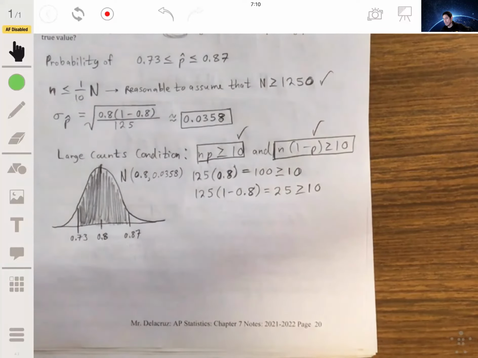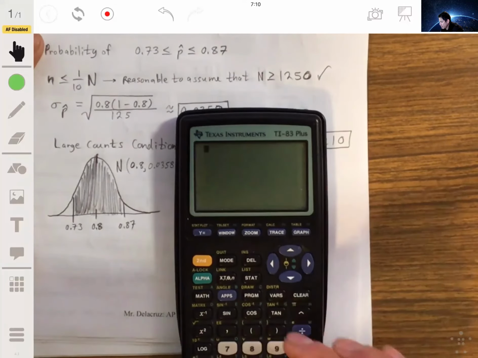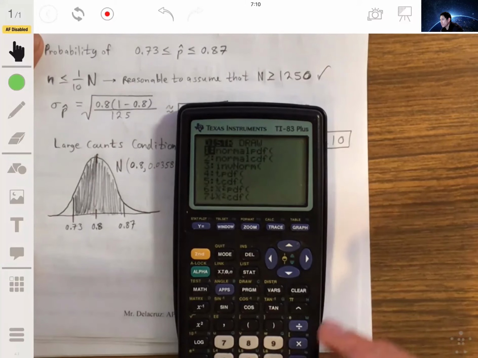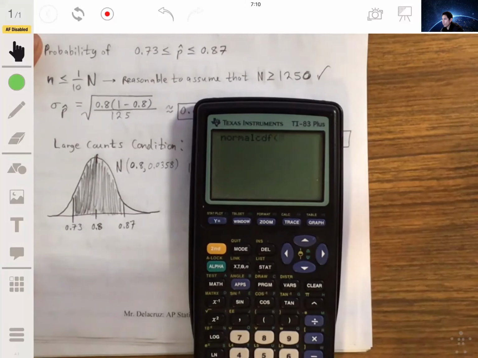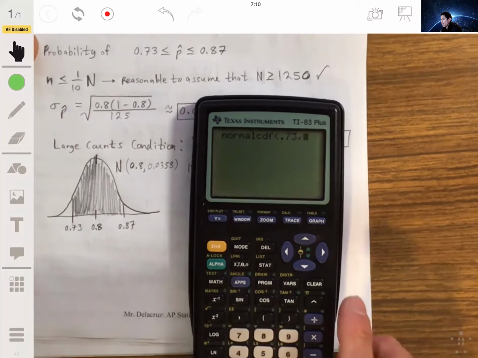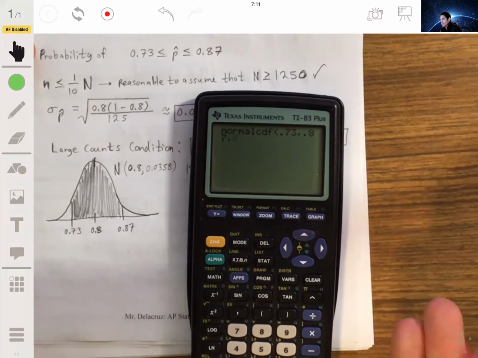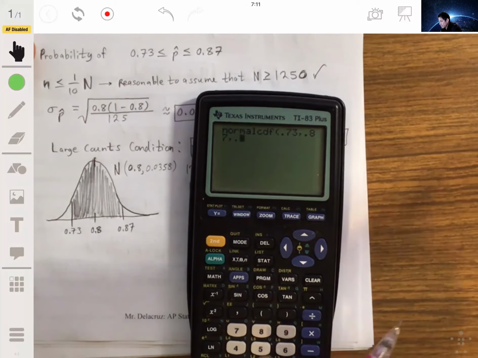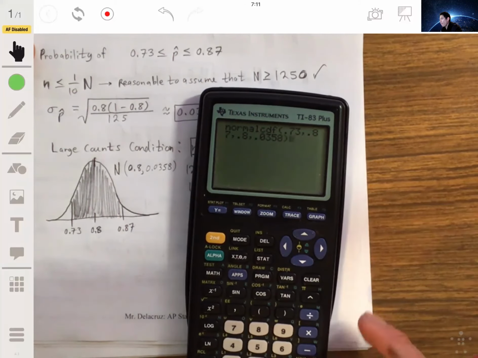And so we can now just rely on our technology here. So we go to distribution, normal CDF. We're going to enter our lower bound first, which will be 0.73, comma, our upper bound, 0.87. And then we're going to enter our mean, which is 0.8, and our standard deviation, which is 0.0358.